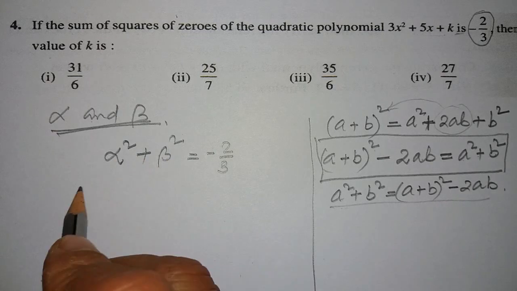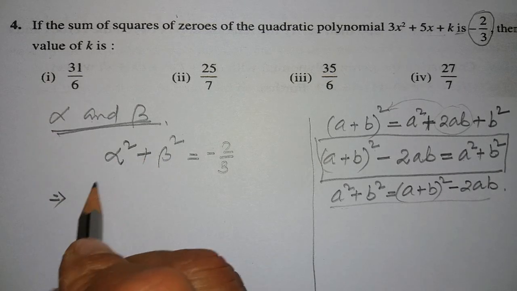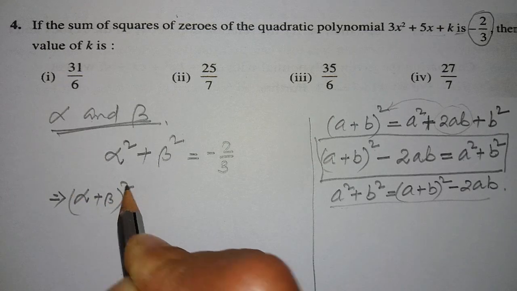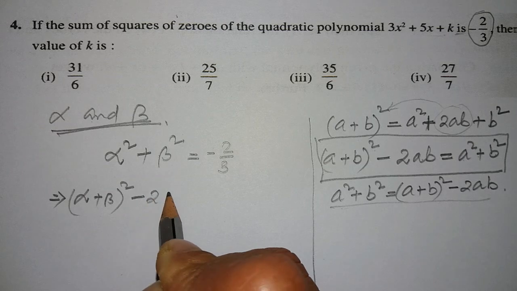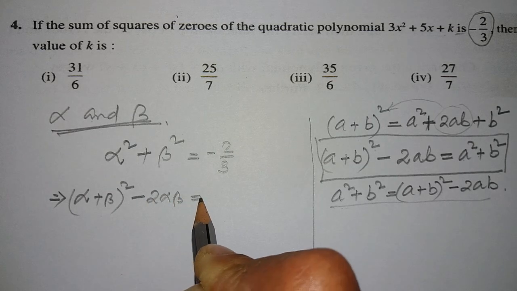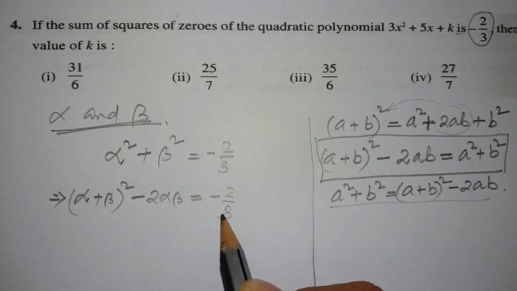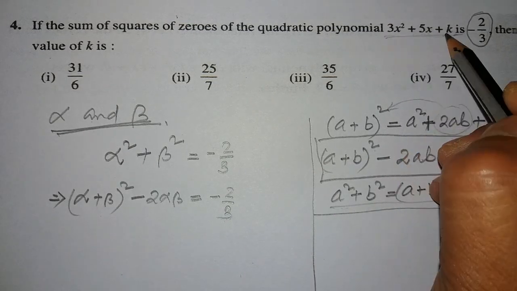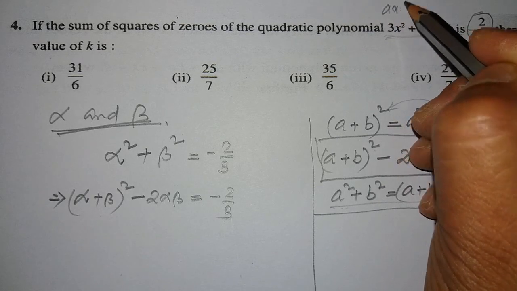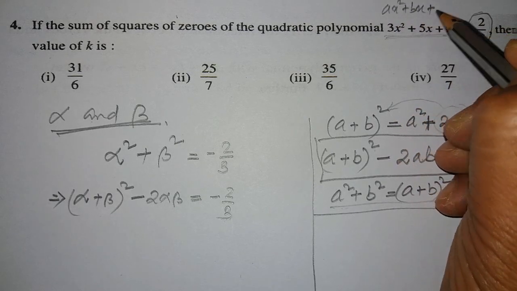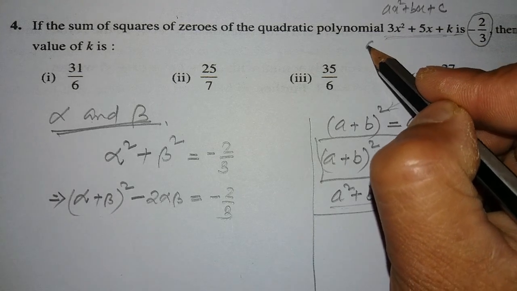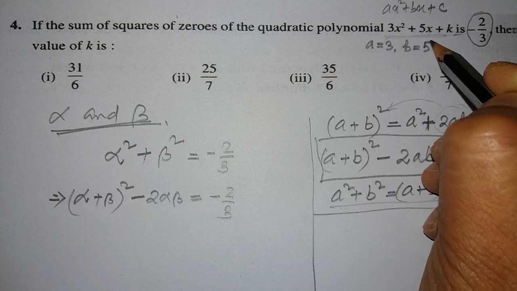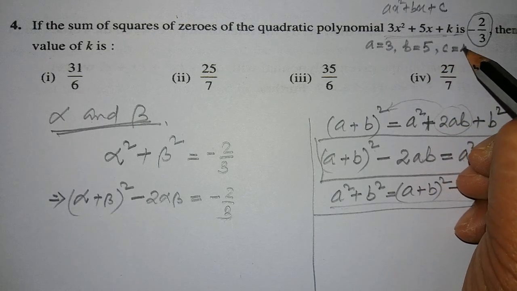Alpha square plus beta square, this one we can write as alpha plus beta whole square minus twice alpha beta is equal to minus 2 by 3. Now in this polynomial, if we compare with the standard form ax square plus bx plus c, then what we got here is a is equal to 3, b equal to 5, and c is equal to k.